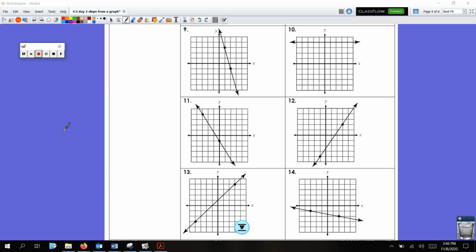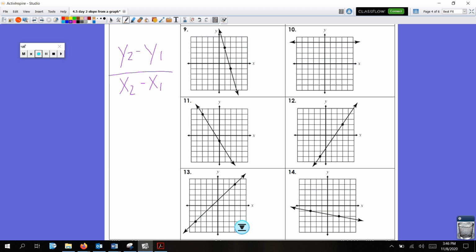All right, take a look at these 6 examples here. Pause the video. Zoom in if you must. Calculate the slope. You can either use the 2 ordered pairs that are given and apply the slope formula. I'll remind you one more time what that is. That's y2 minus y1 over x2 minus x1.